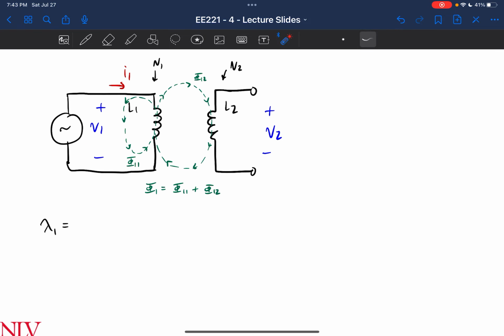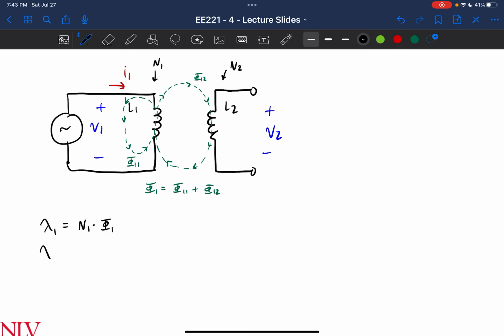So the magnetic flux linkage, lambda 1 for coil 1, is equal to the number of turns of coil 1 multiplied by the flux linking all those turns of coil 1. That's phi 1, because it's the sum of these two fluxes.